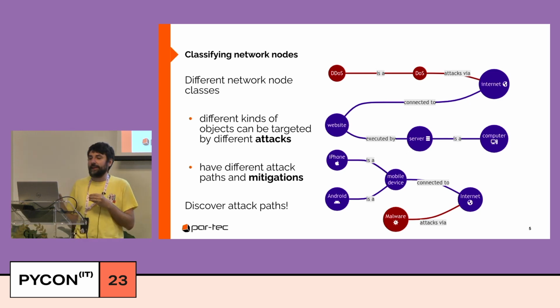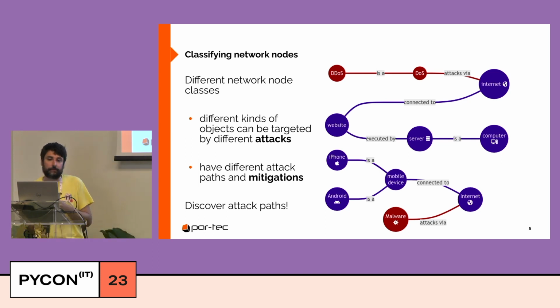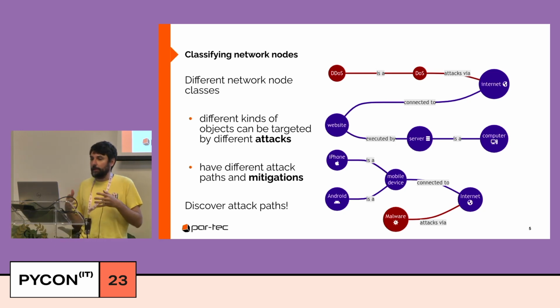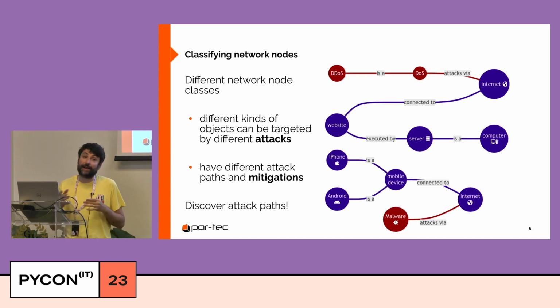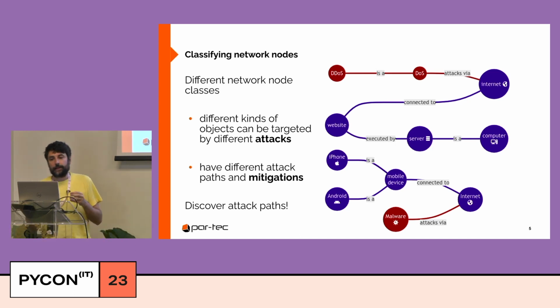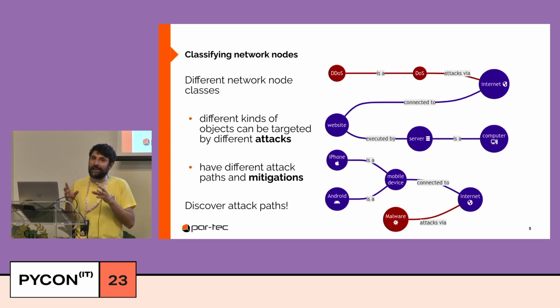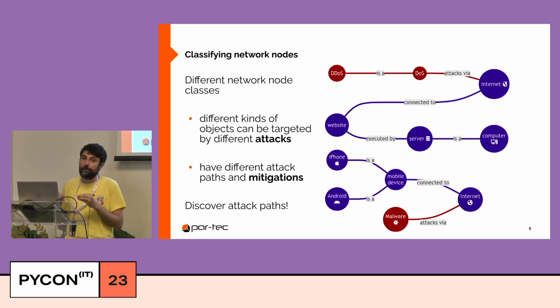So this is an example of a network. There are different kinds of objects that can be targeted by different attacks. For example, I have an iPhone, an Android phone. They are both mobile devices connected to the internet, and malware can attack via the internet. So these are basically the first example of connection.